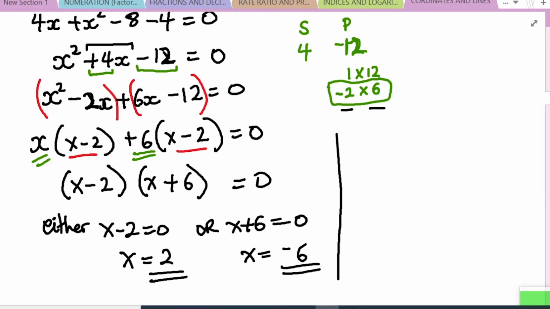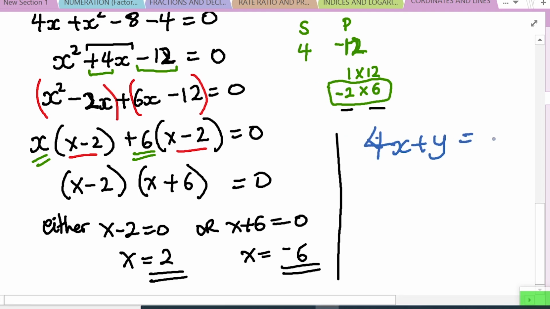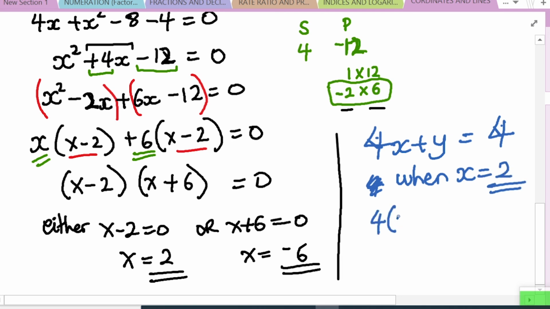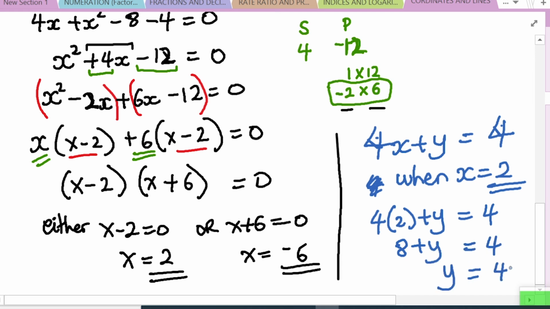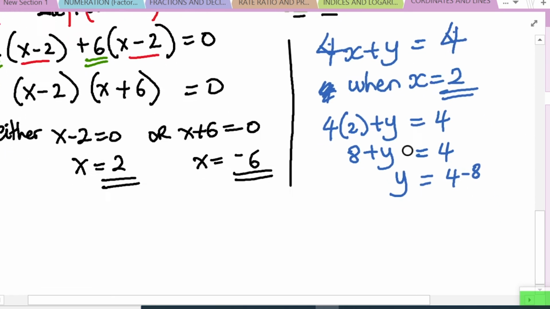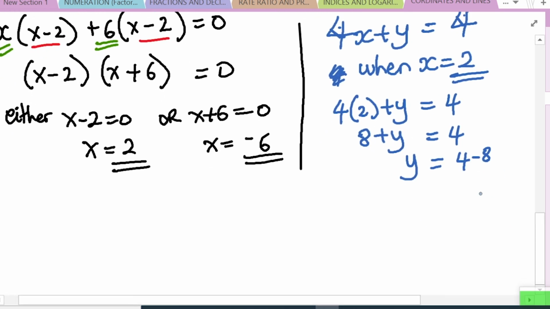So let's say when x is 2, it is 4 times x, which is 2, plus y is equal to 4. 4 times 2 is 8, plus y is equal to 4. So my value of y here is 4 minus 8. And from 4 minus 8, what do I end up with? Negative 4.